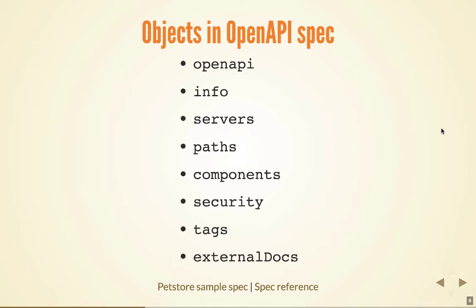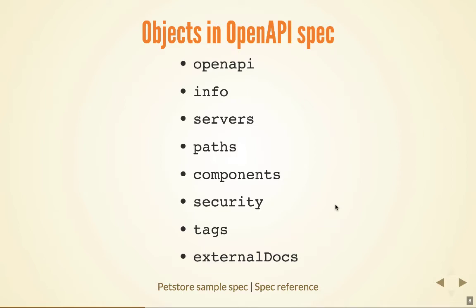These are the different properties that you're describing your API with. For example, paths. This actually refers to endpoints. I don't really like their choice of the term paths, but hey, security, tags, and so forth.